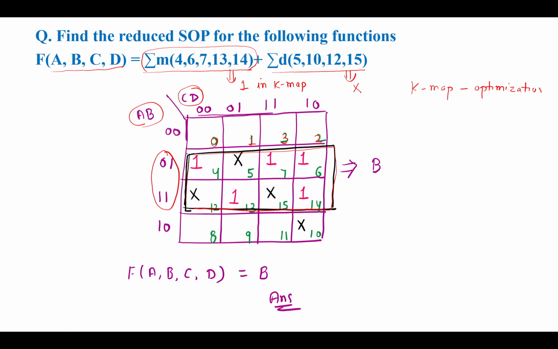In this term, what is the common term? It is B. So the final expression is B, that is the optimized function of this SOP expression.